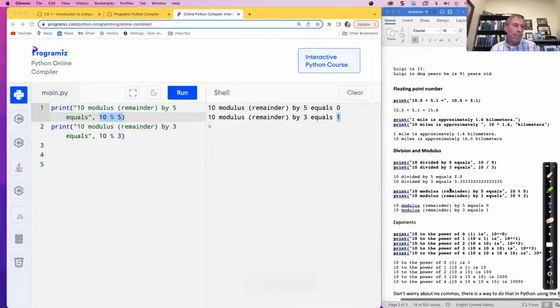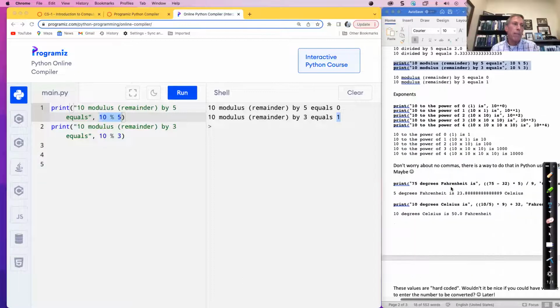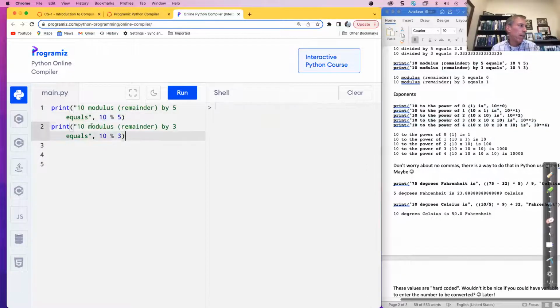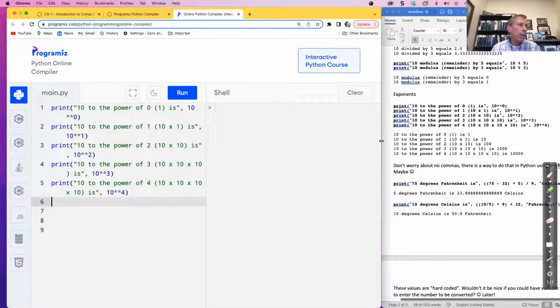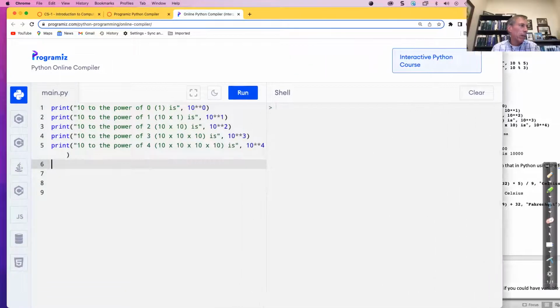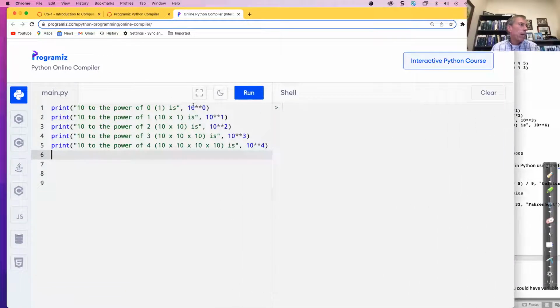All right. Let's do exponents, powers. I got this right here, and I'm going to clear this. So what if I wanted to do, and let me expand this a little bit so you can see it, 10 to the power of a number.